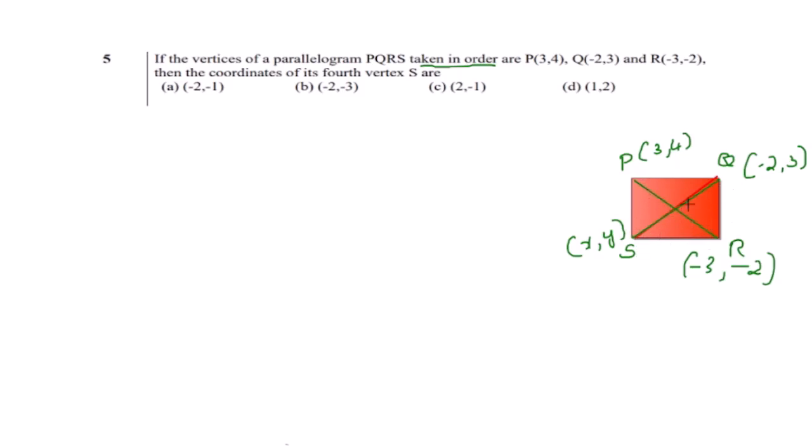That means the diagonals are bisecting each other. Suppose this midpoint is O. So O is the midpoint of SQ and also the midpoint of PR. What is the point O we have to find out, right?